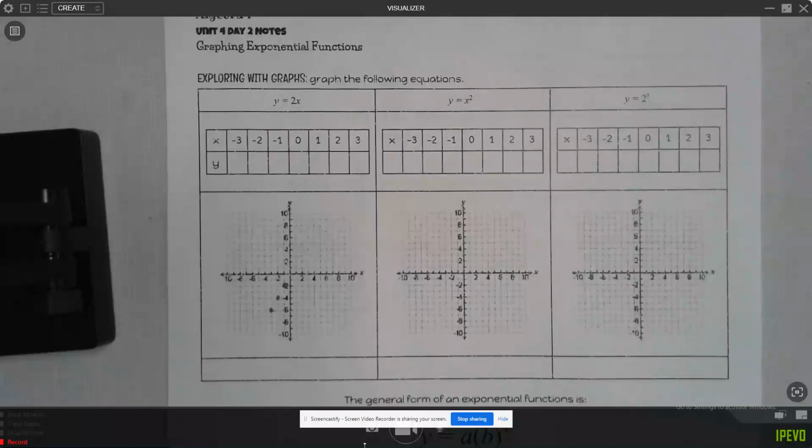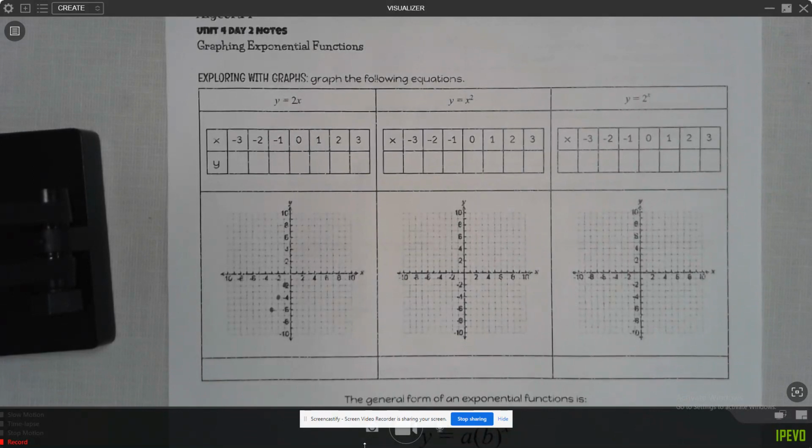Why am I going up 2 and over 1? I am going to make a line, but why did I pick 2? It's not what x is. It's not what y is. Look at your equation.